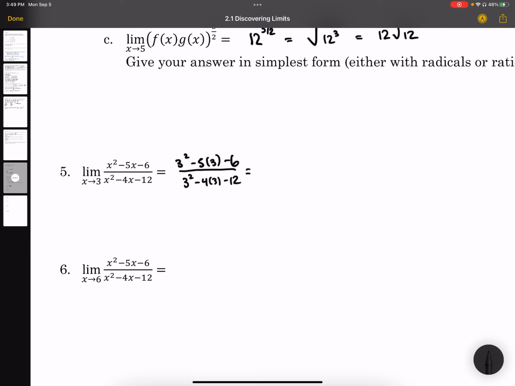So that is 9 minus 15, which is -6, minus 6 is -12. And then we have 9 minus 12 minus 12. So that's 9 minus 24, which is -15, which is going to simplify to be 4/5. So substituting in 3, not a problem.